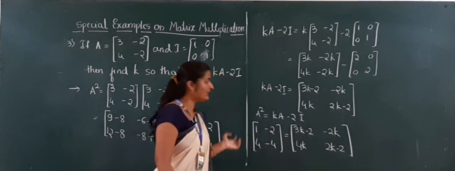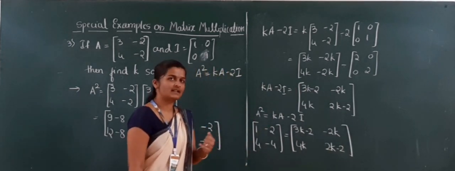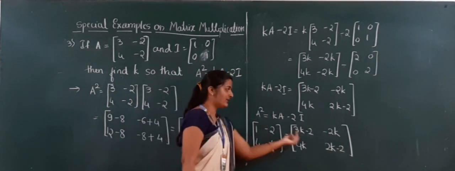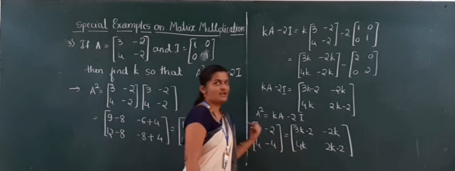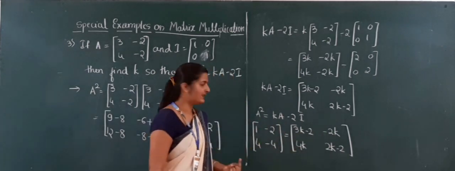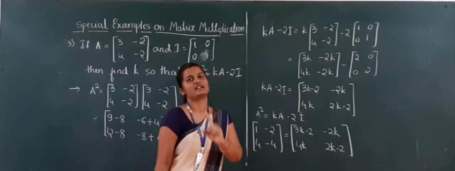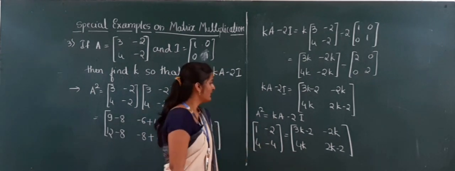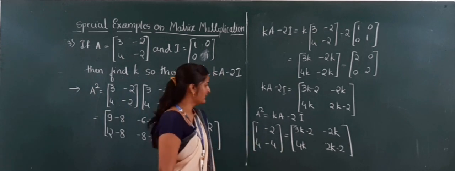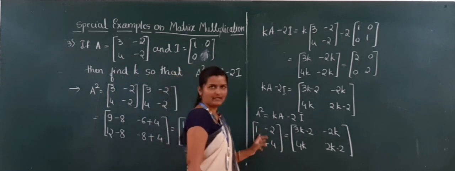So if both the matrices are equal, what is the condition? We can equate the corresponding elements. First element to the first, second element to the second. You can take any element, you will get the same answer for the K value. So which element can I take? I will take the first element only.